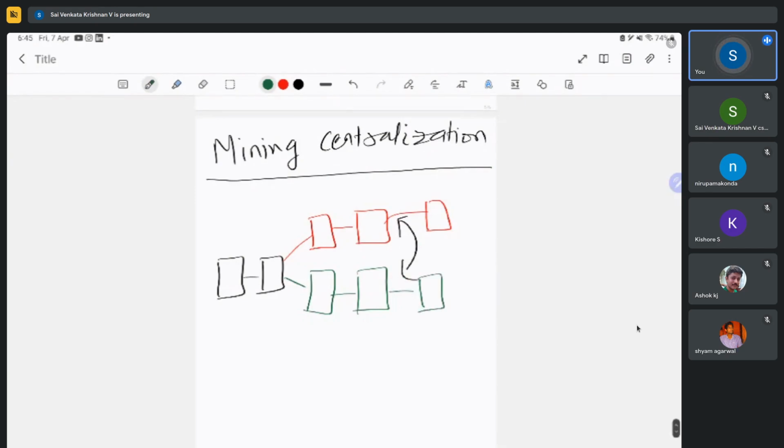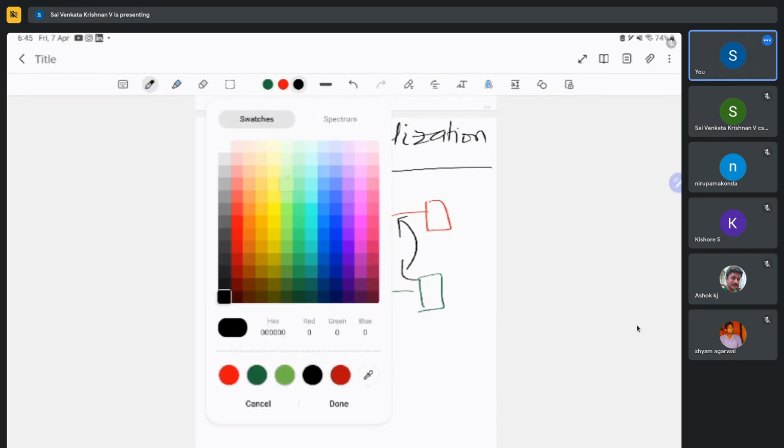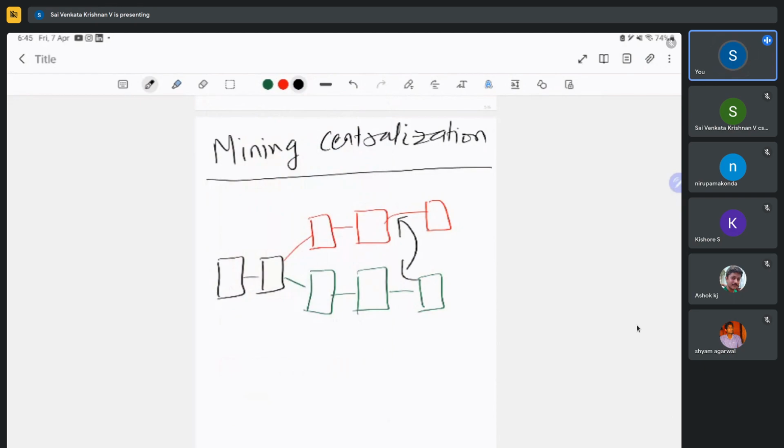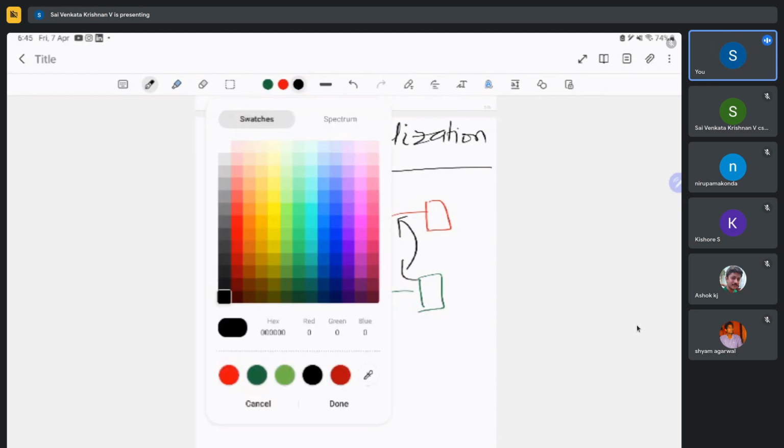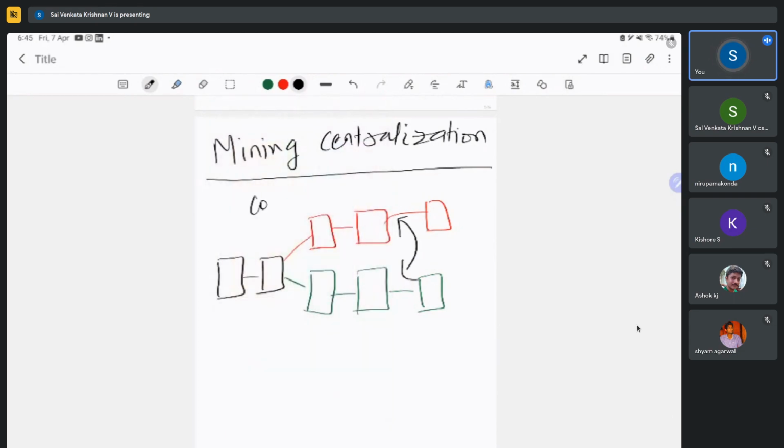So there will be a competition, but the time for resolving this fork is long, mainly because every node has to communicate with all the nodes, so this communication cost is very high in the Bitcoin network.